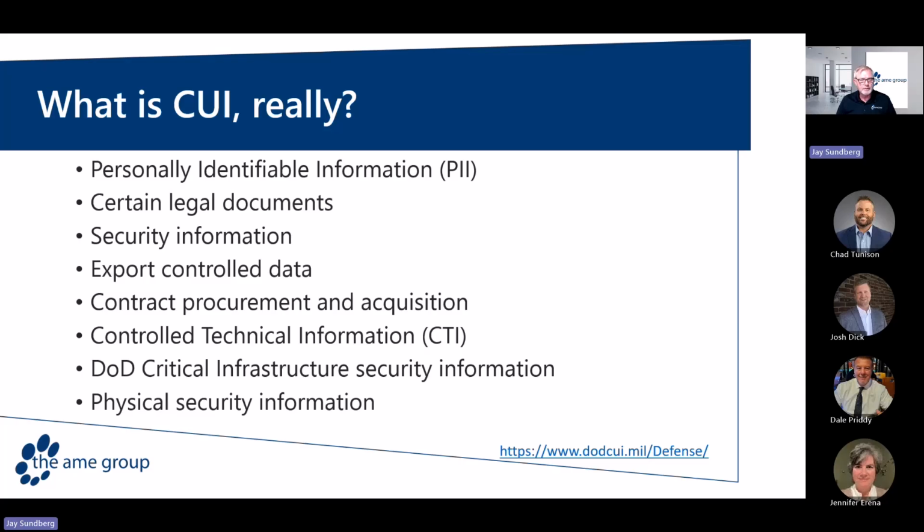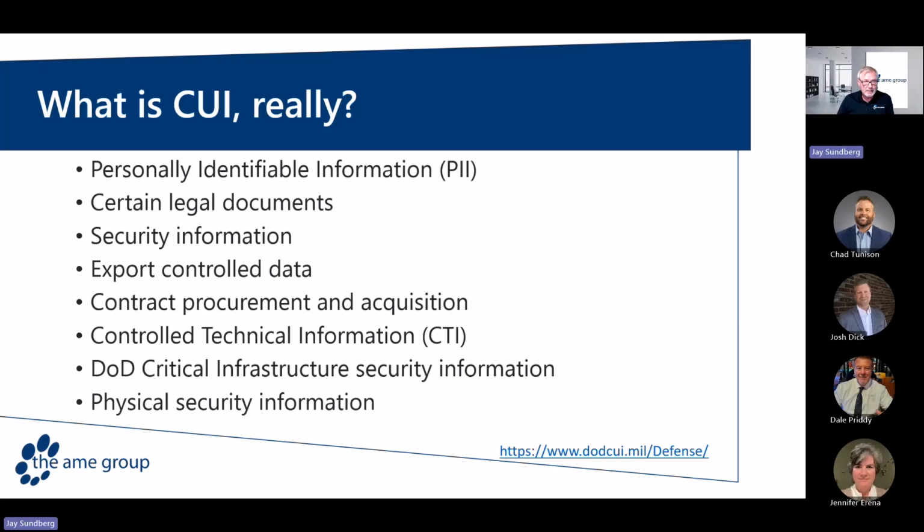Export control data, a lot of our customers work with ITAR. That's exactly what this is. Contract procurement and acquisition, parts of that are CUI. Controlled technical information is related to specifications of components and so on. So if they're sharing that with you, that'll be CUI.